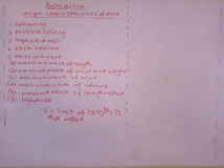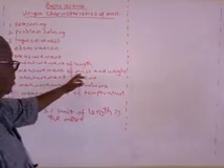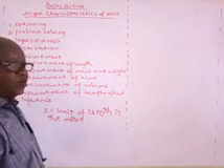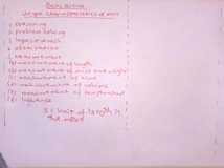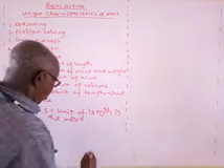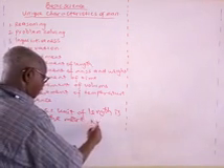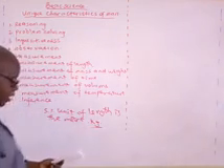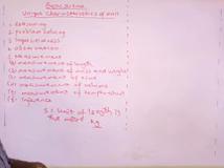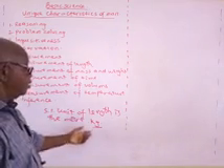Mass is the quantity of matter contained in an object or a body. And the unit of mass is the kilogram, kg. We always call it kg. Though we have other smaller units, the SI unit of mass is the kg.